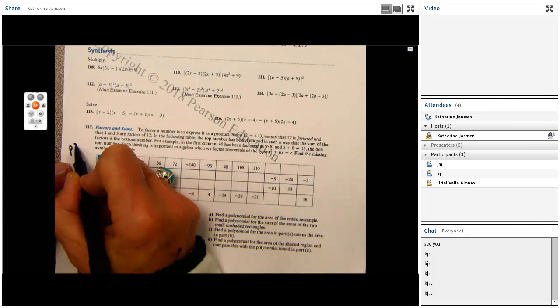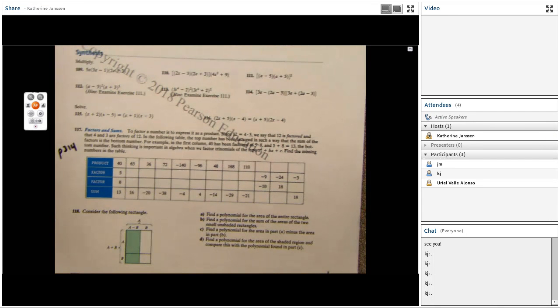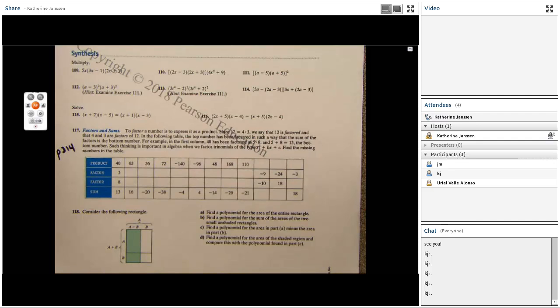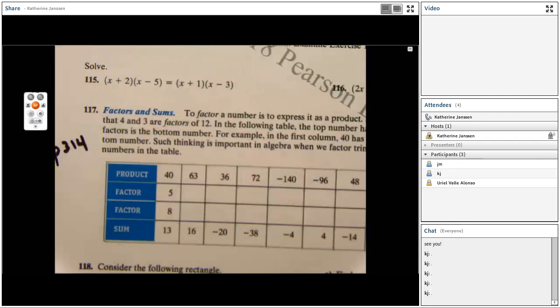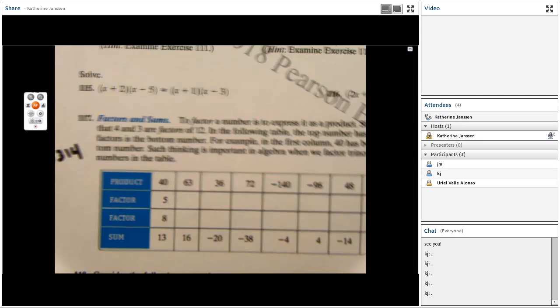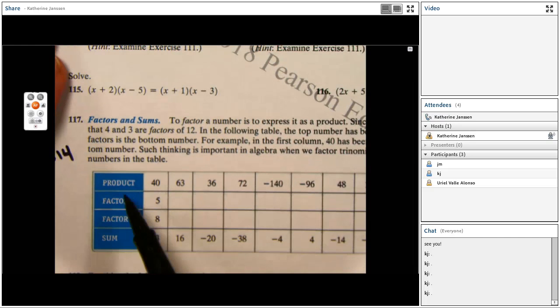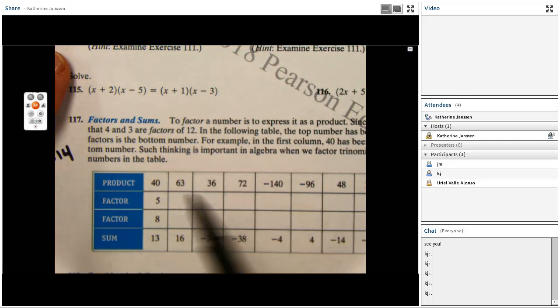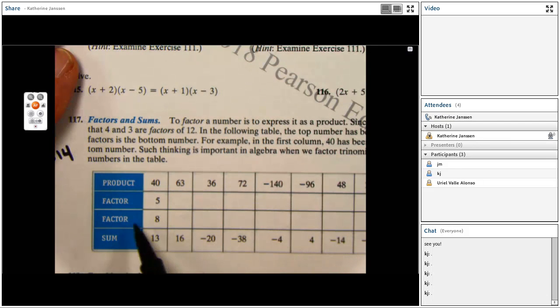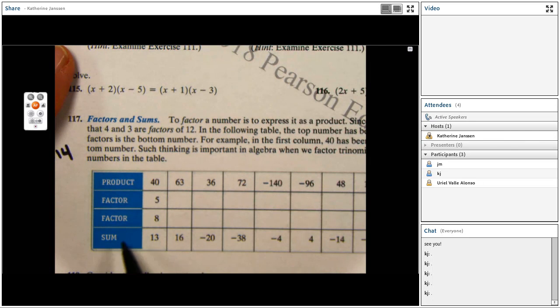It's page 314. Well, we have a little game to play on this page. Factors and sums. And we've identified product. Remember, product is our answer when we multiply. Factor is something times something, and then sum.